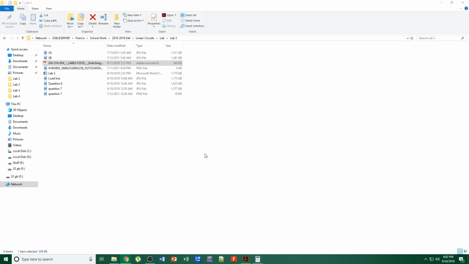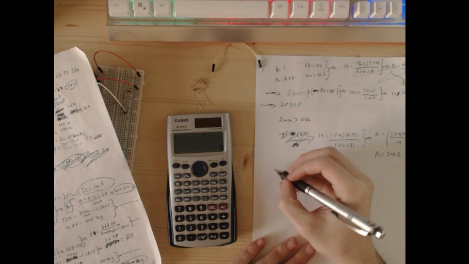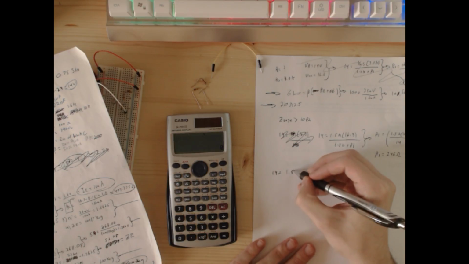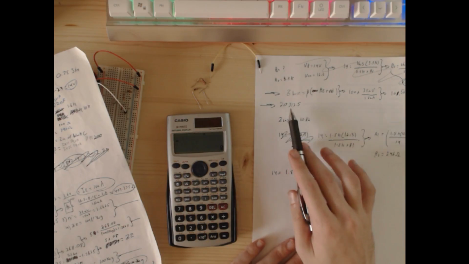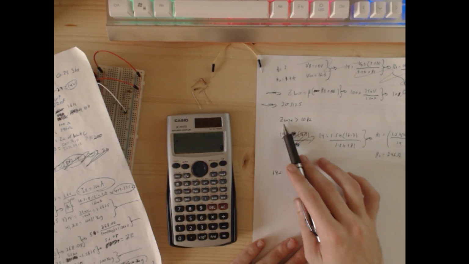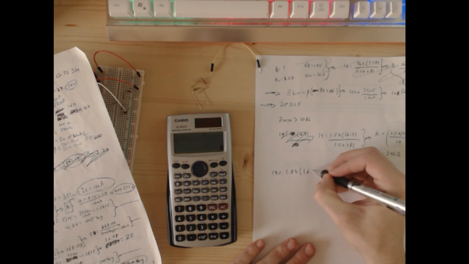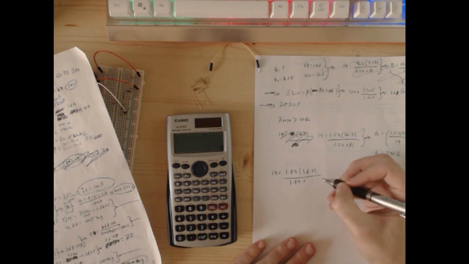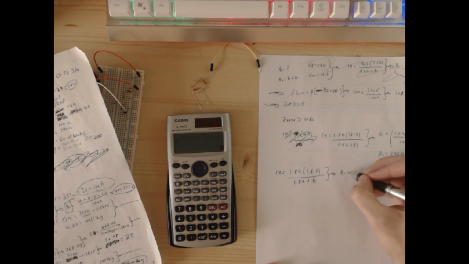Let's say we calculate at R2 equal to 1.8K. So we get 18,000 as our comparison here for Z base. So 1.8K times 16.3 divided by 1.8K plus R1.